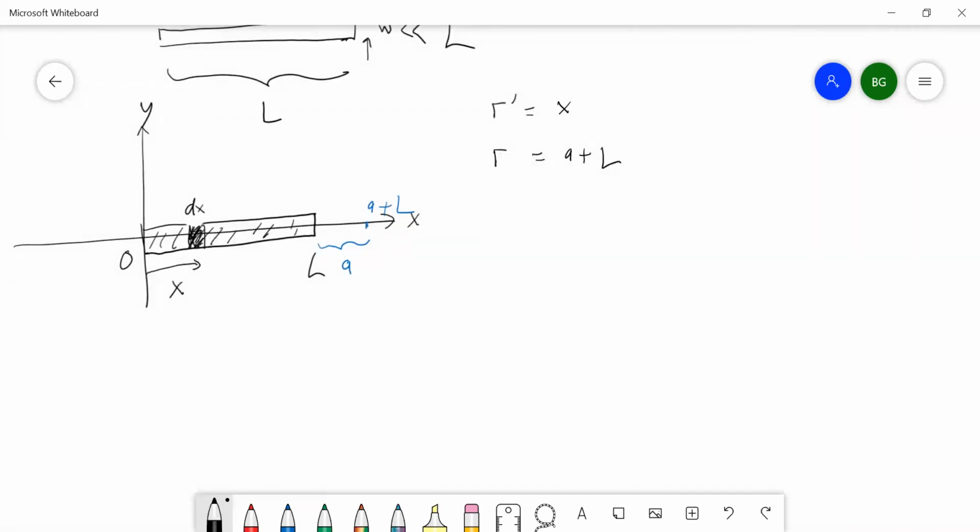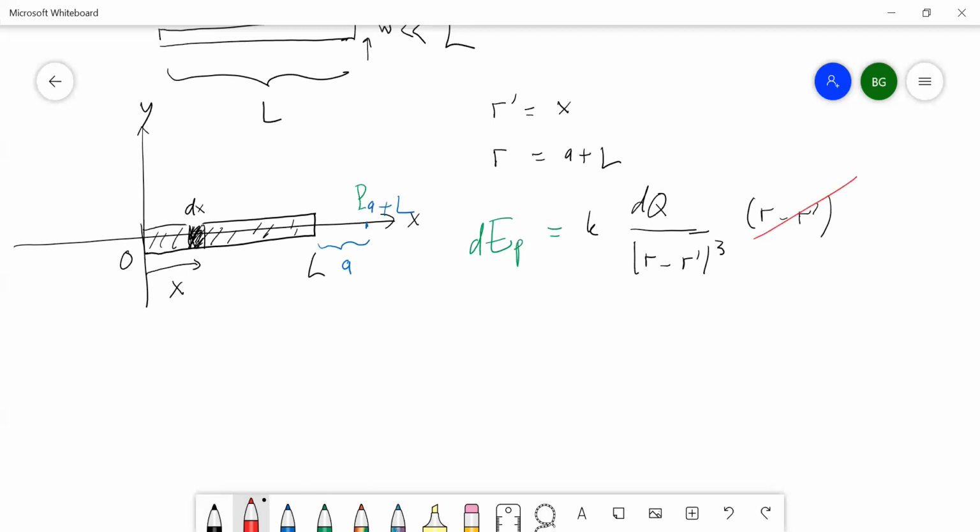If we consider this point P here, then the infinitesimal dE_P equals k dq over |r minus r prime| cubed, and then the vector.